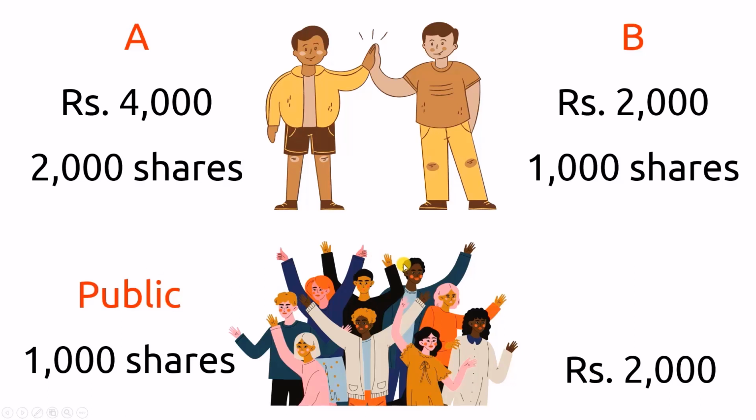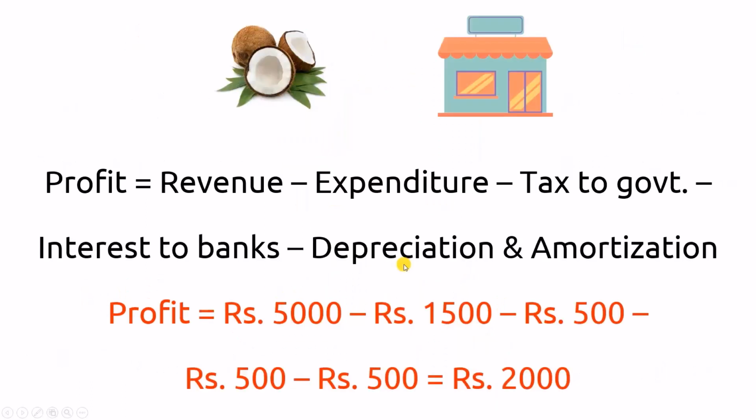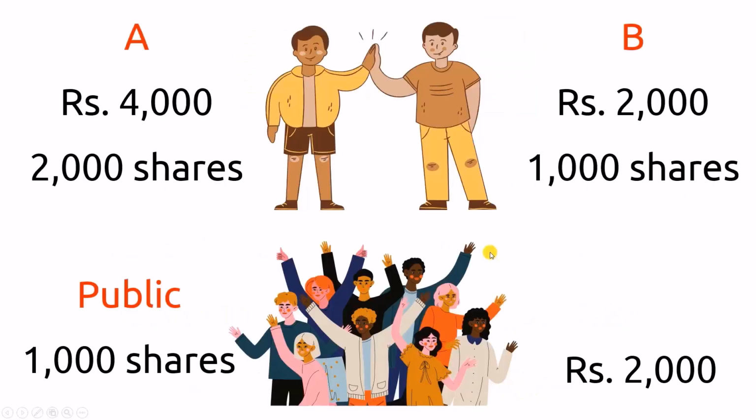If they do so, then the money that they are giving to the stockholders is called dividend. So dividend is nothing but the profit that is shared or given to the stockholders of that particular company. Now that is one choice that the company has.